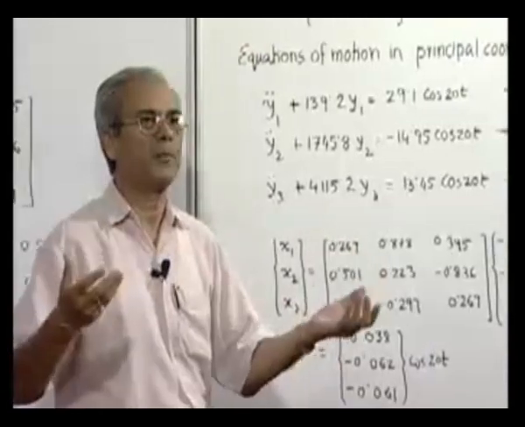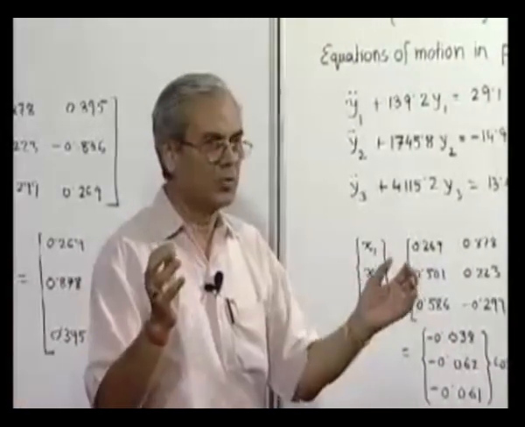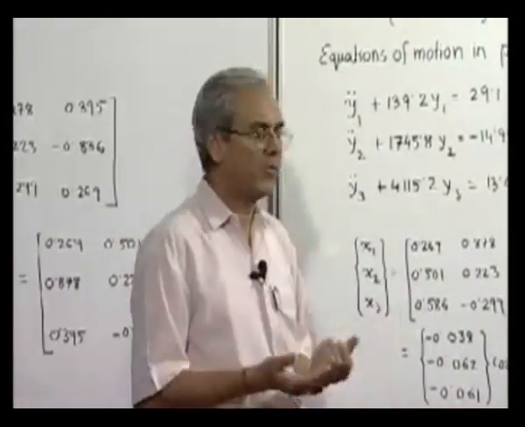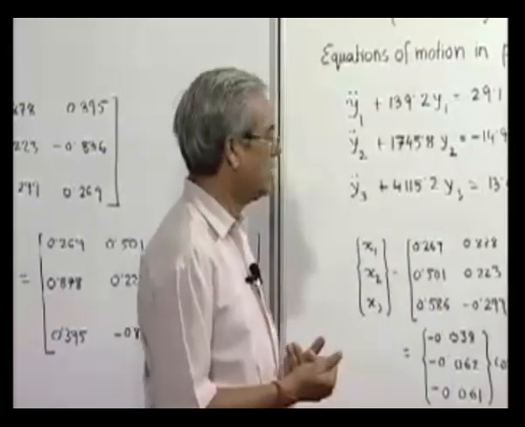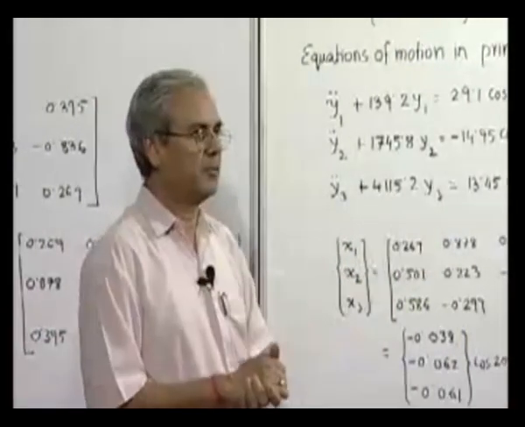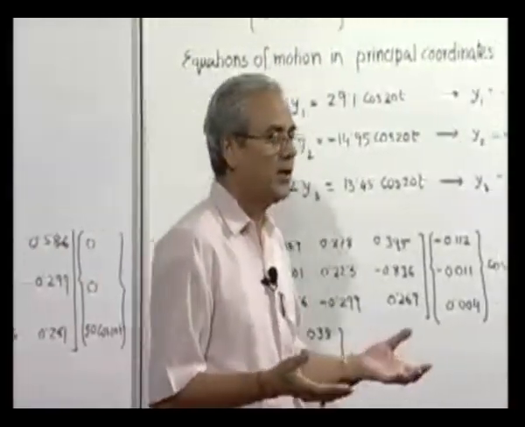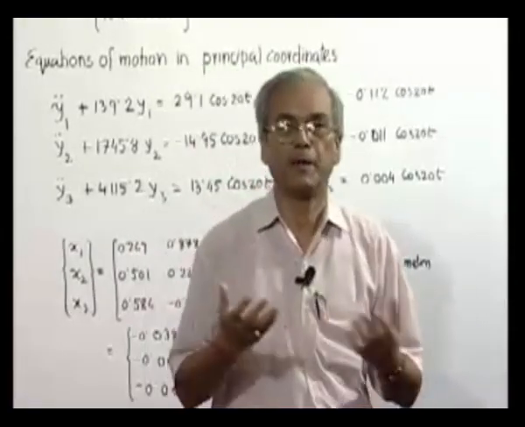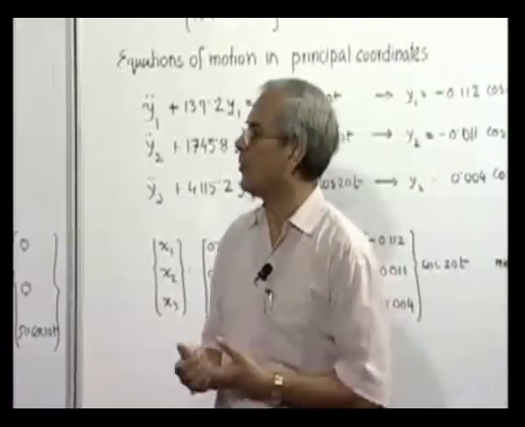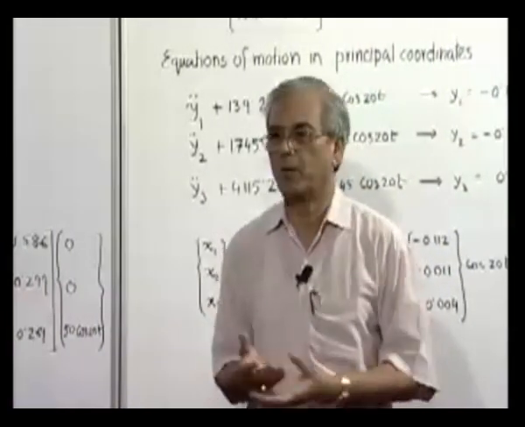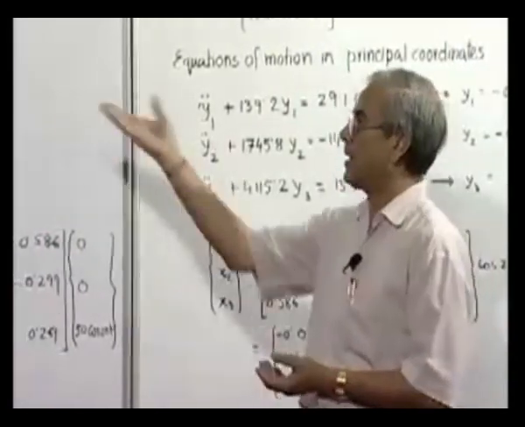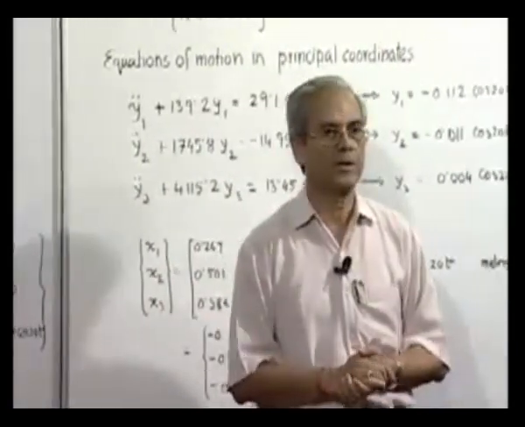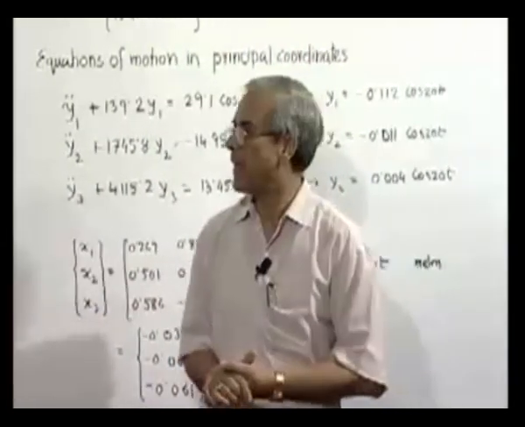The more number of lumped parameters or blocks, the more representing masses we utilize, obviously we can have a better approximation. So therefore, better accuracy or better results will demand larger number of masses and springs.